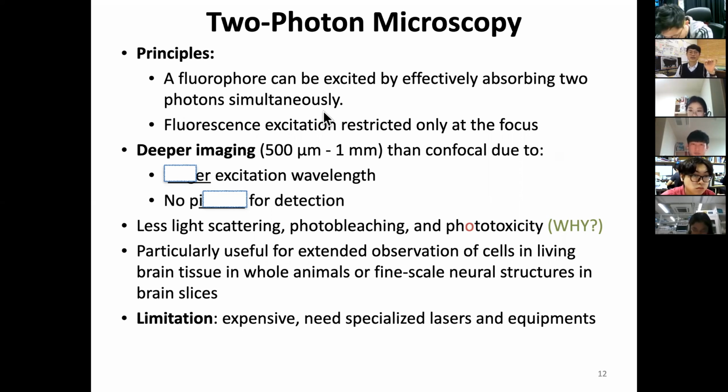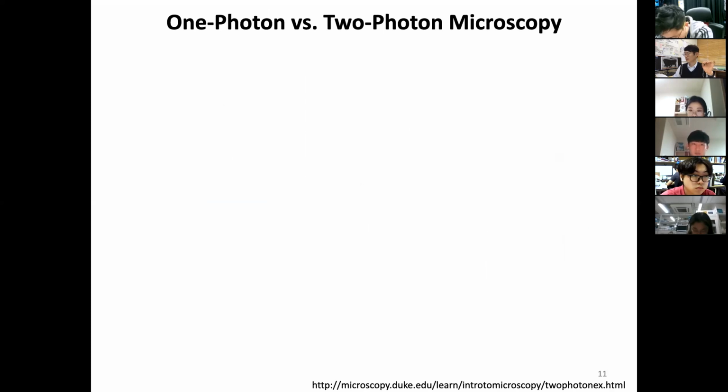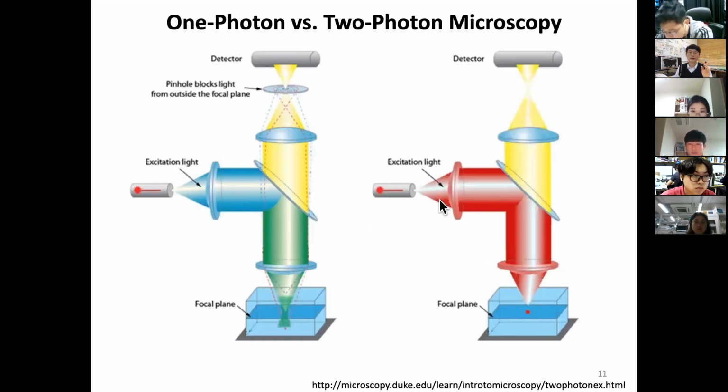So this, let me go back again. Then what kind of interesting result comes out of this is you don't need to use a shorter wavelength, bluer light. You can use a longer wavelength. And here I have to explain the light scattering and wavelengths.